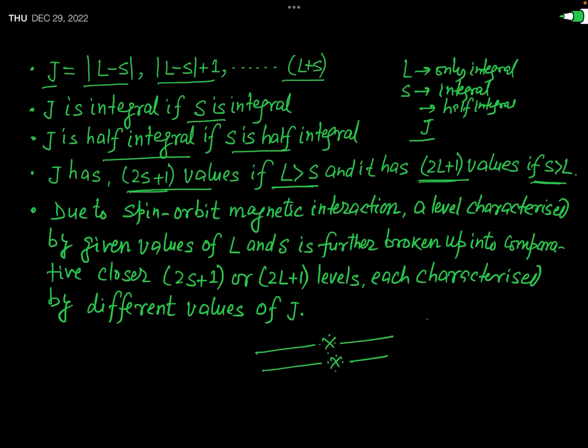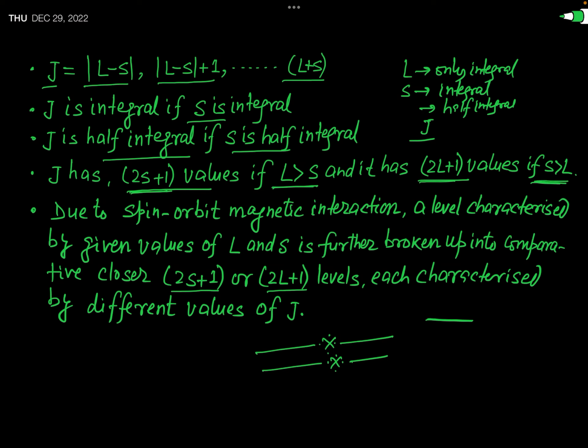Now, any unperturbed energy level is split either into 2S plus 1 energy levels or 2L plus 1 energy levels, depending on the values of L and S. When L is greater than S, the energy level will be split into 2S plus 1 levels.